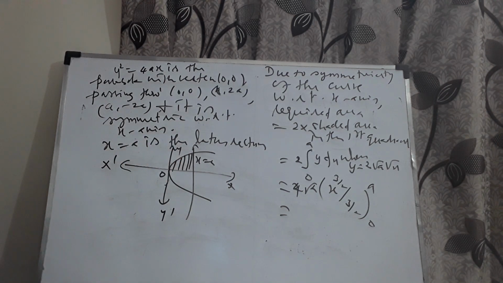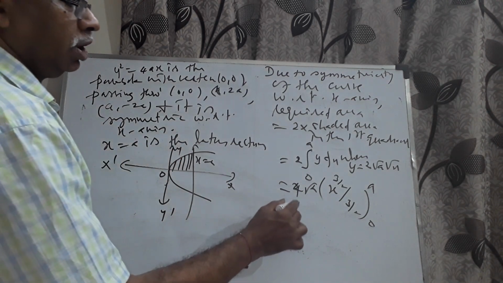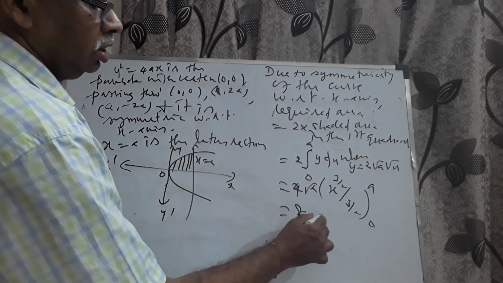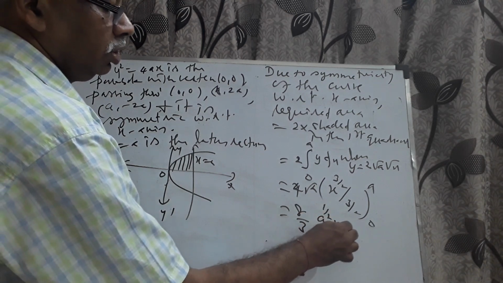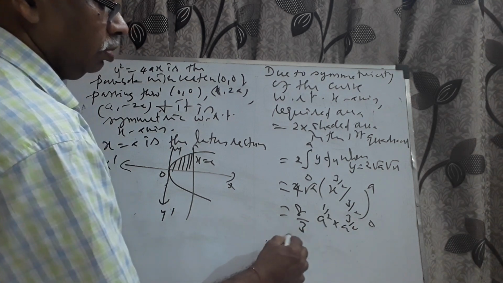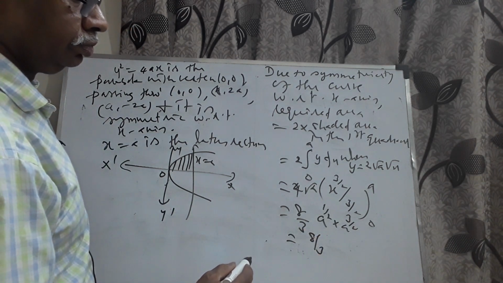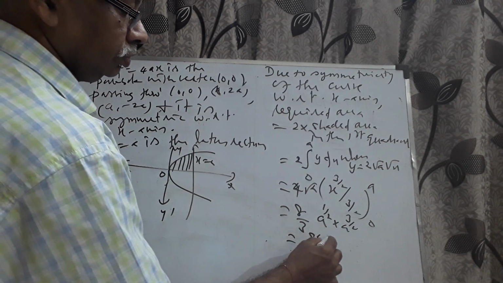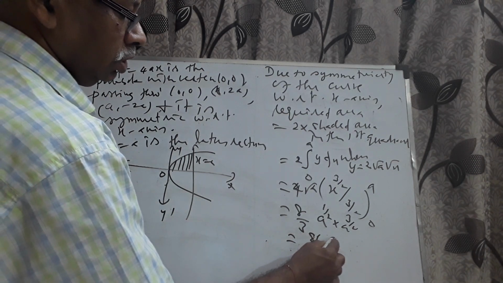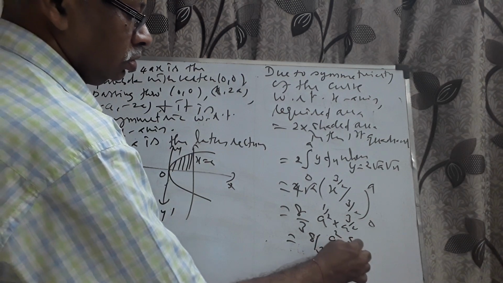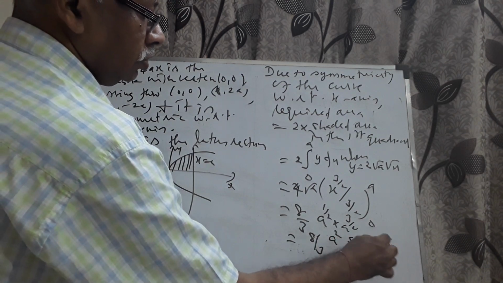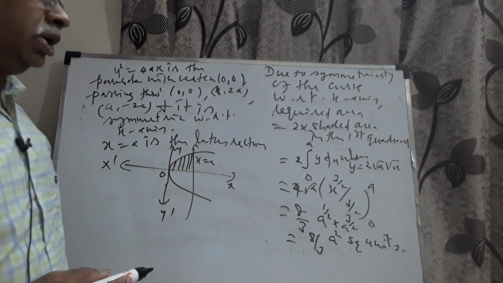Root x integral becomes x power 3 by 2. Apply upper limit. This is 8 by 3 into a power half into a power 3 by 2, minus 0, which is reduced to a square units. This is the required area.